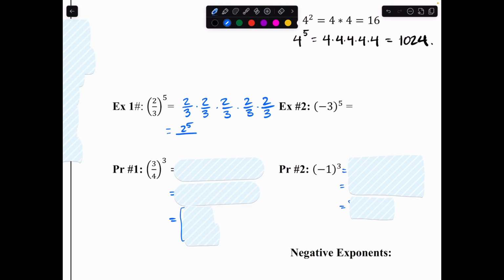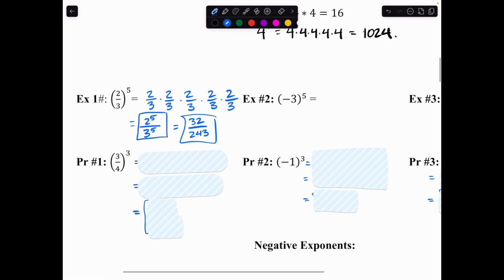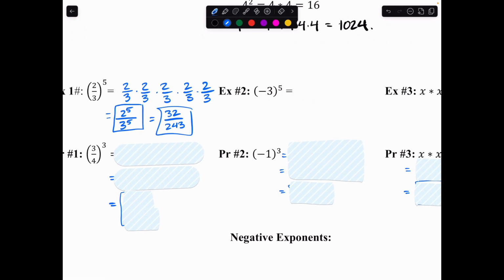And we'll have 5 3's multiplied together in the denominator, that's 3 to the 5th power. And I'm okay with you leaving it there. If you did multiply it out, you should get 32 over 243, I think. Either way.